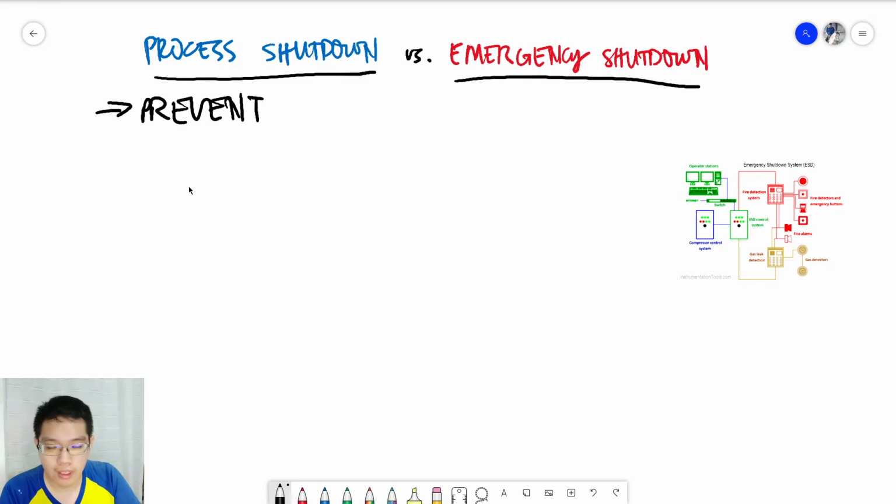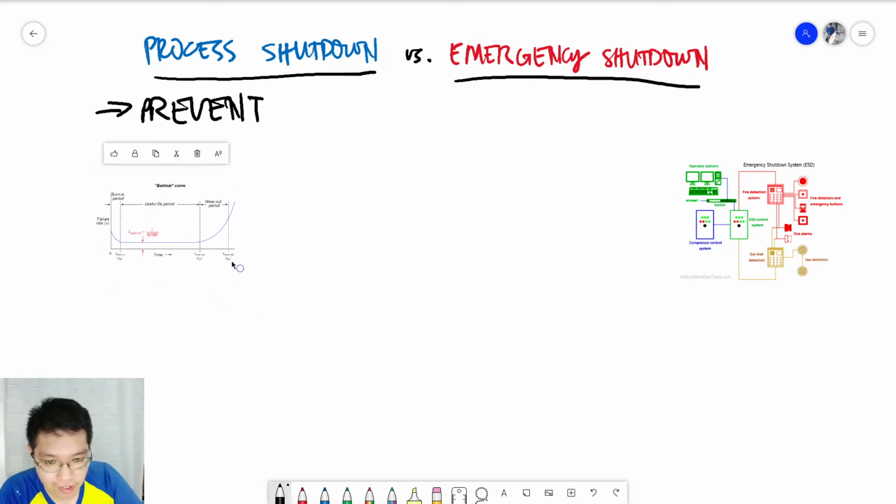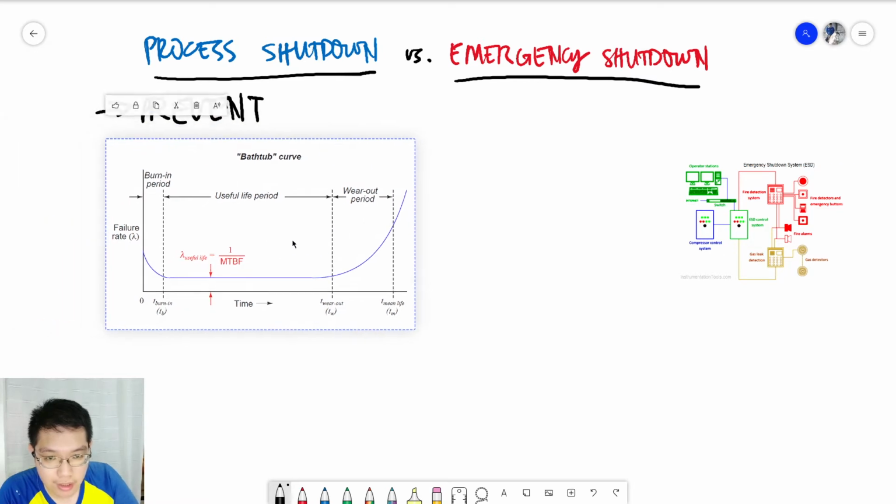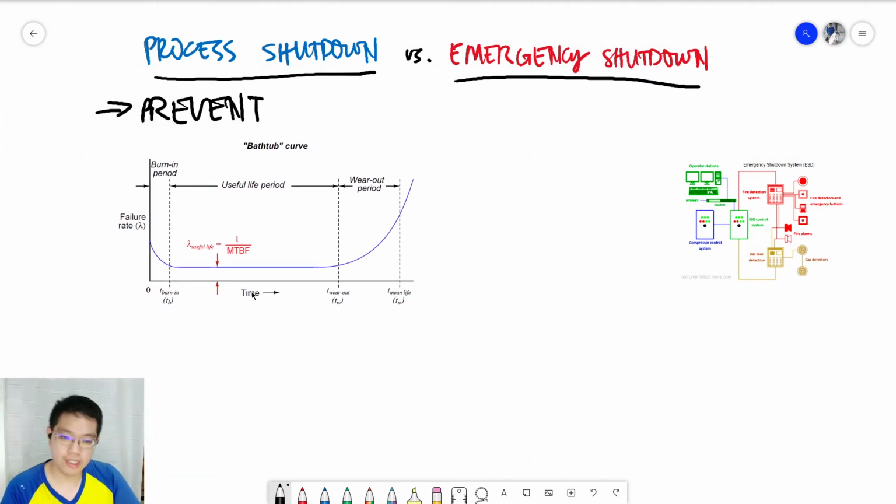Now, malfunctions occur because components of a machine have a reliability which can be represented by what's called the bathtub curve. This part here is the useful life period. During this period, the component of the system is most useful.